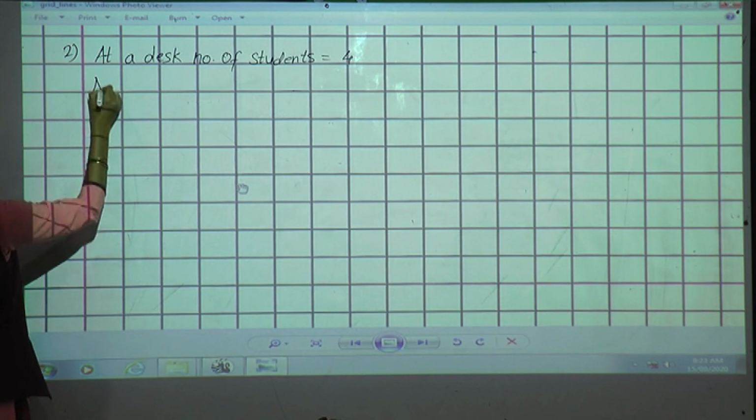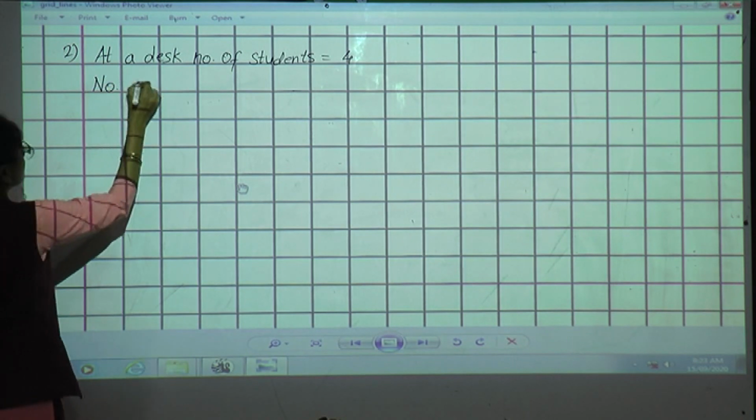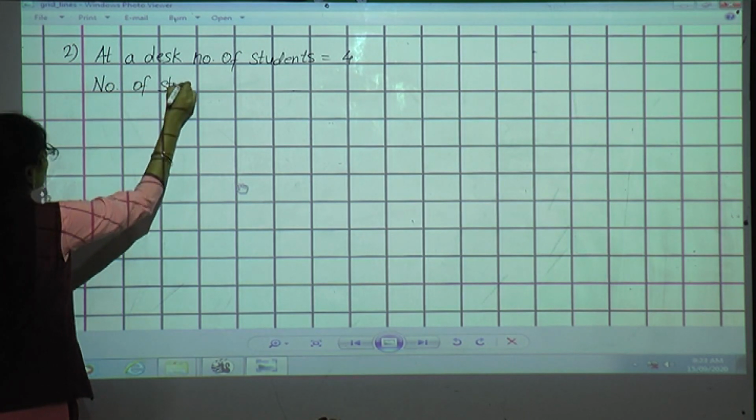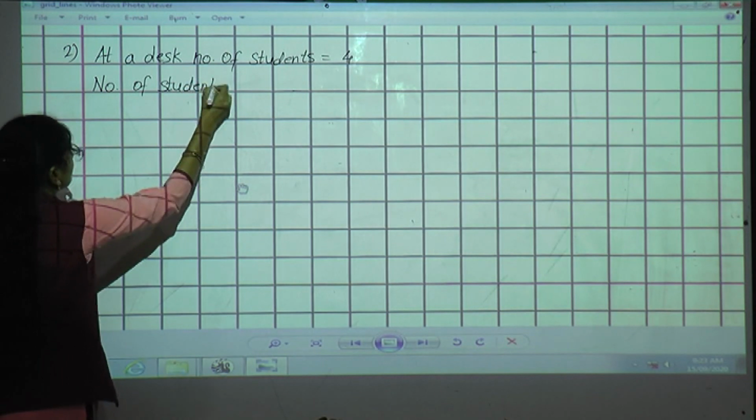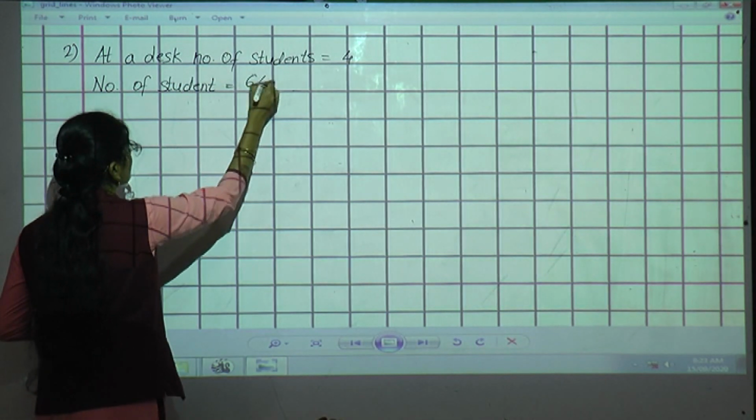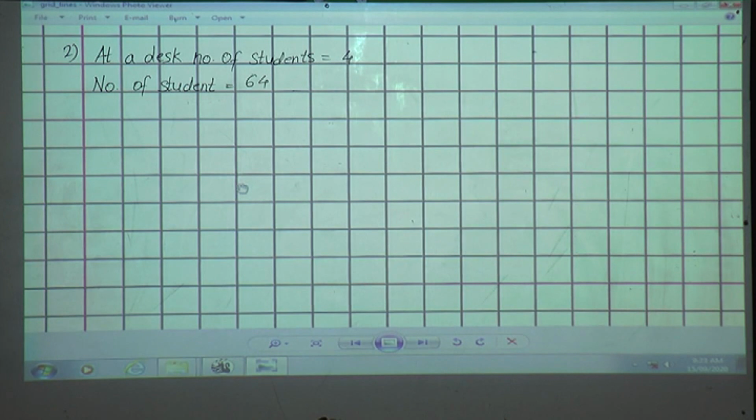Now tell me, number of students, how many students are there? Number of students or number of children is equal to 64. On one bench 4 students can sit and in the class there were 64 children. So how many benches or how many desks are needed for 64 children?